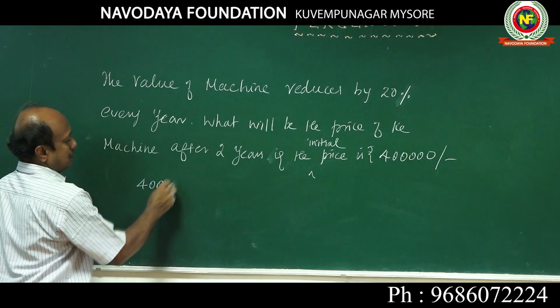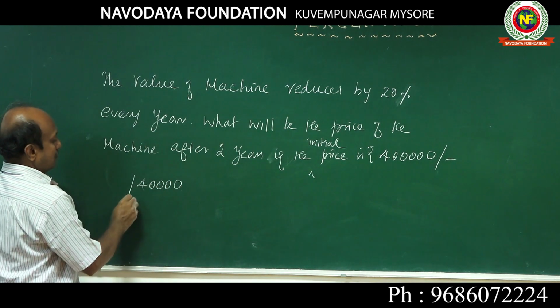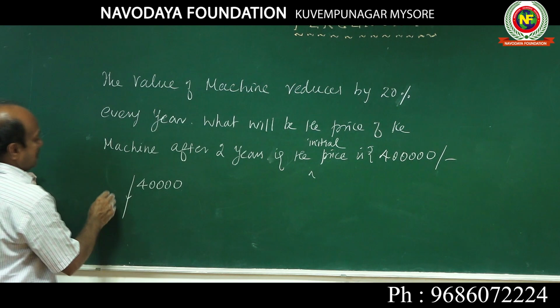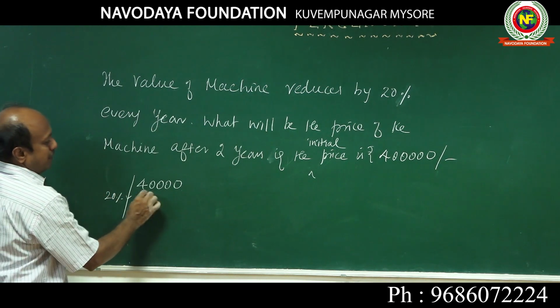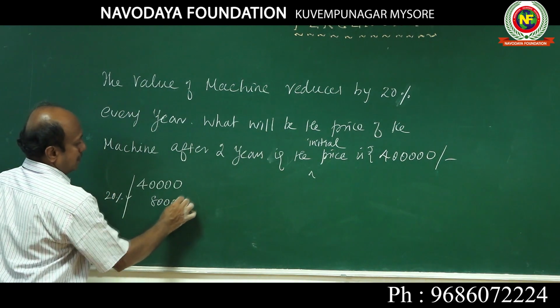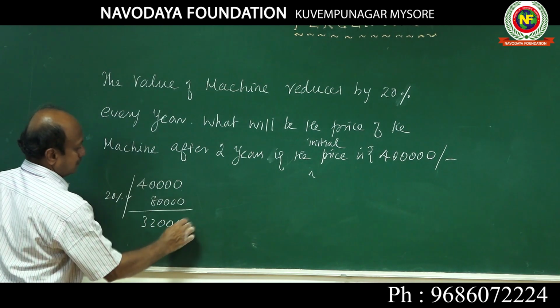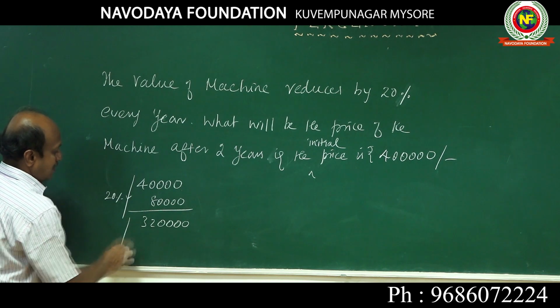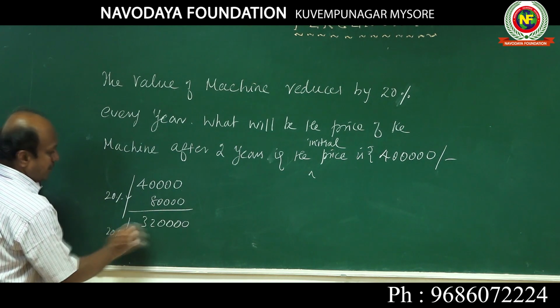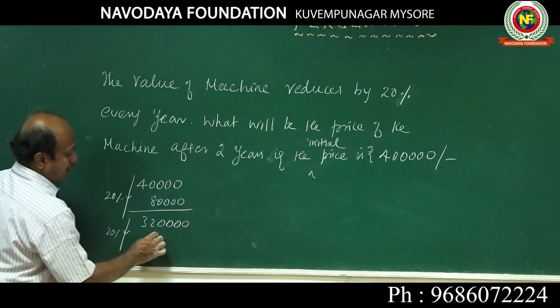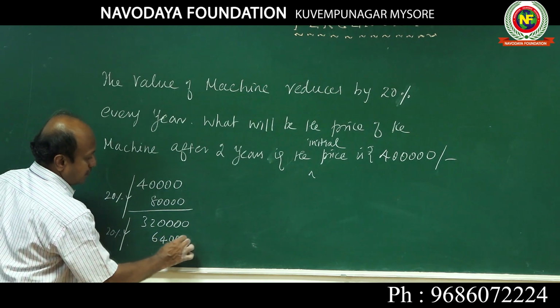The initial price is 4 lakhs. The price is reduced by 20%. 20% of this is nothing but 80,000. So how much will we get? 3 lakhs 20,000. Again it is reduced by 20% on this. 20% of this is nothing but 64,000.